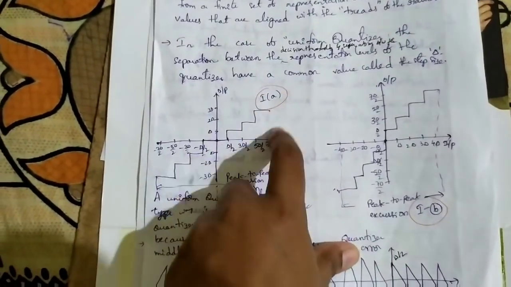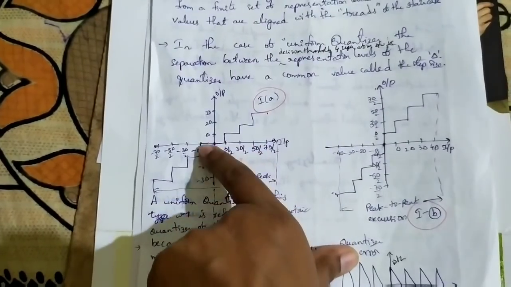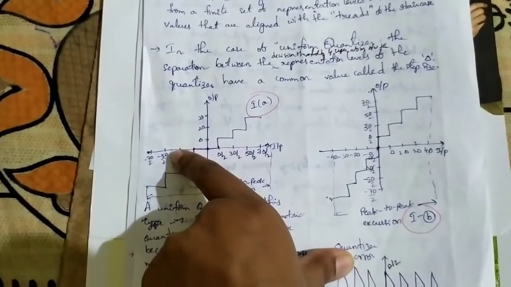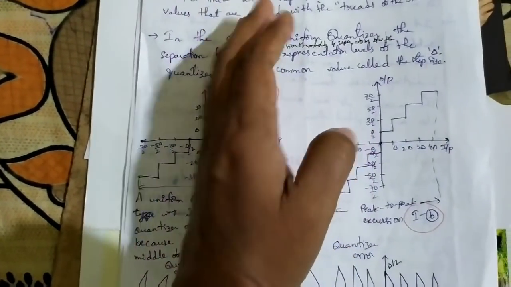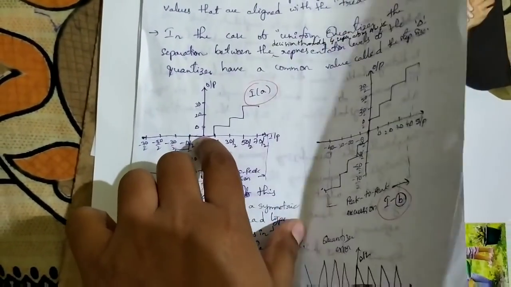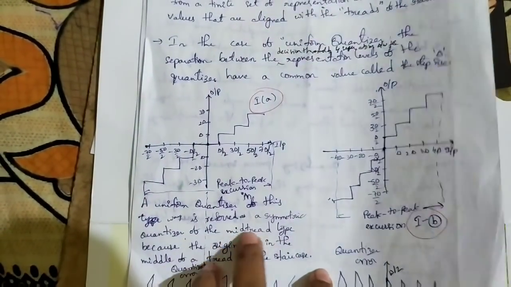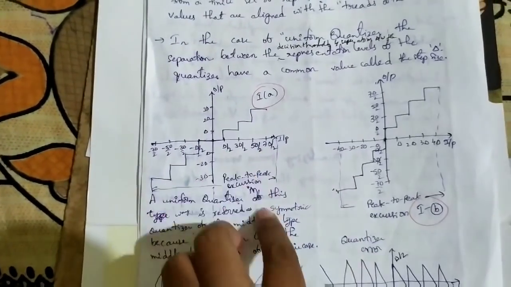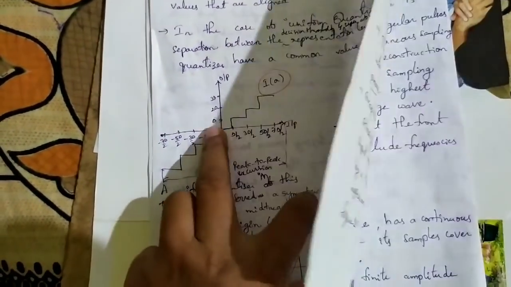Here the input is the x-axis and the output is the y-axis. Here riser means vertical, tread means horizontal. The midpoint lies on a tread, hence it is a quantizer of the mid-tread type. If we represent the quantizer like this, it is called mid-tread type, because the origin lies in the middle of a tread.